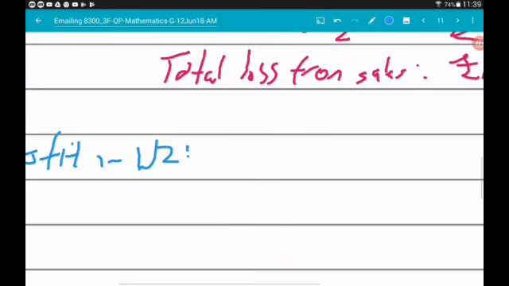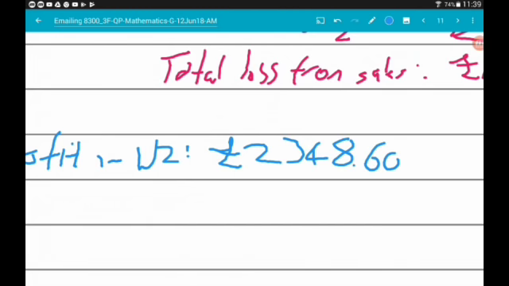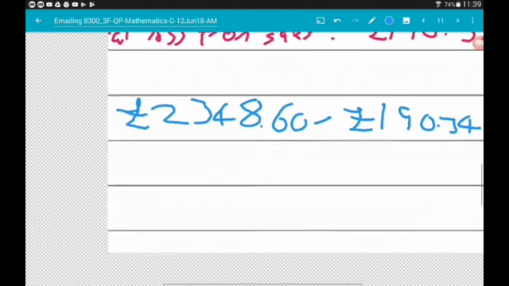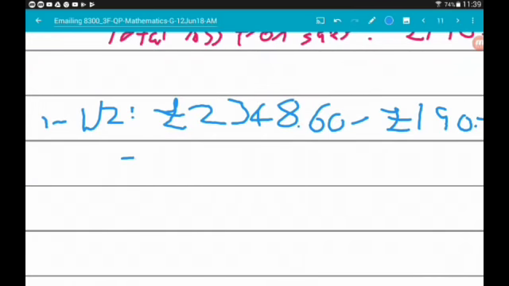2,348.60 minus £190.34. So that is going to give us our profit for week 2, £2,158.26.